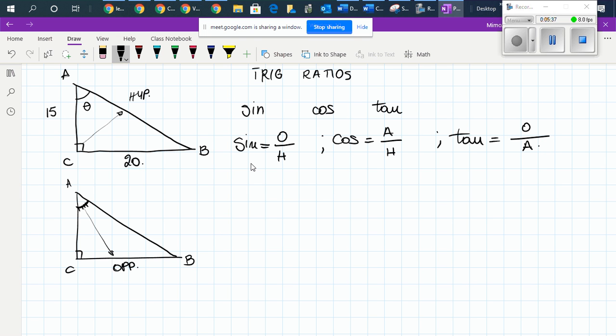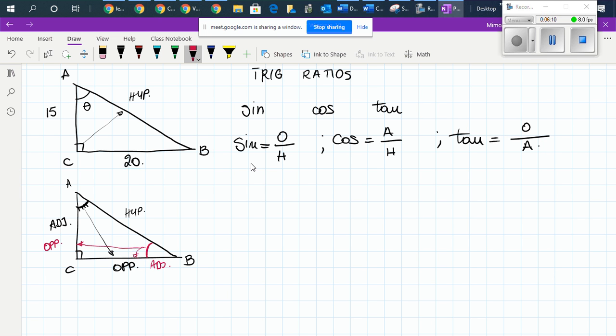And the adjacent of angle A will be the length of AC, while the hypotenuse is always the hypotenuse. However, if we stand at angle B, then the opposite of angle B is AC, and the adjacent of angle B will be BC.